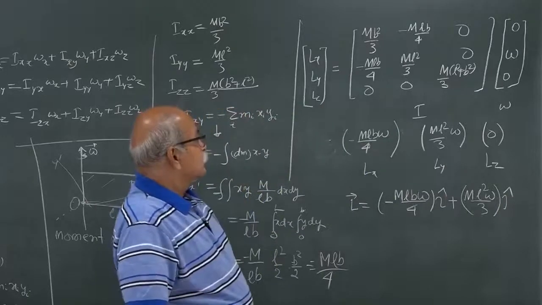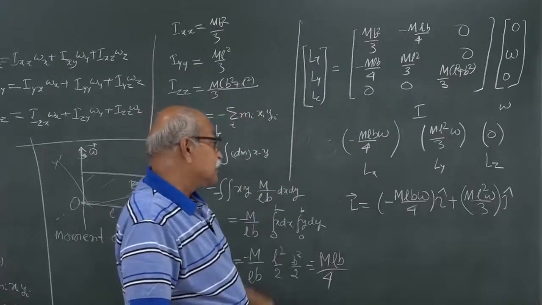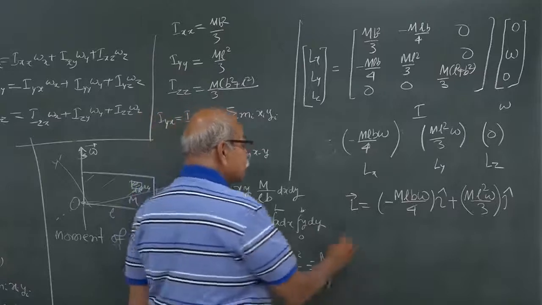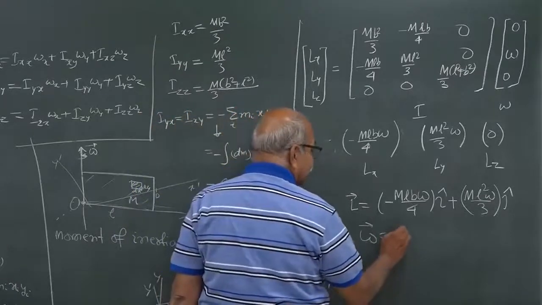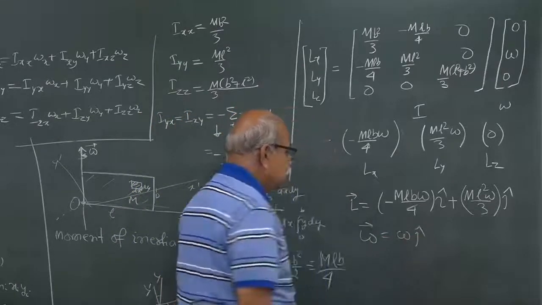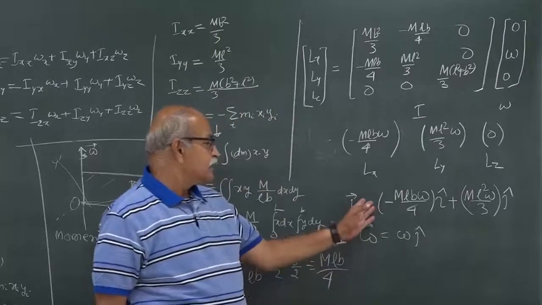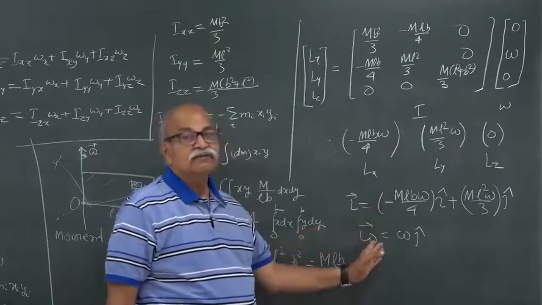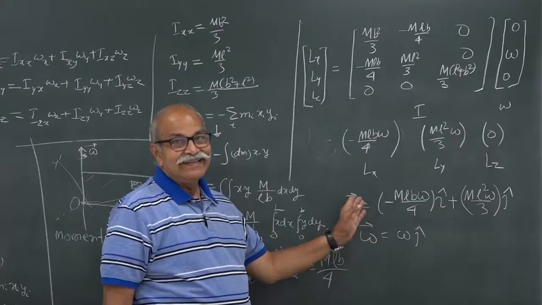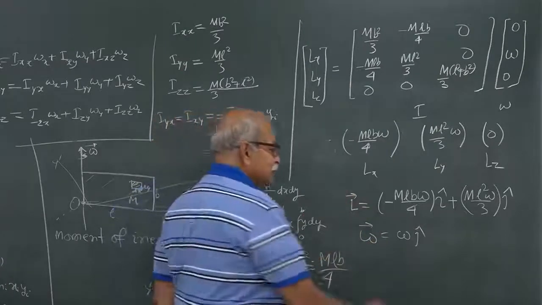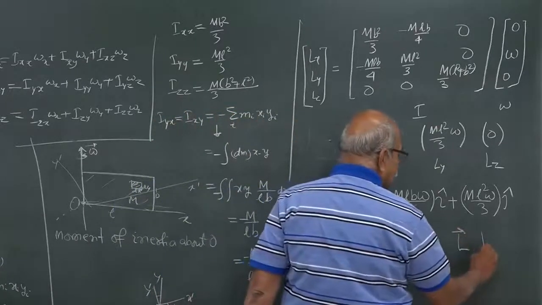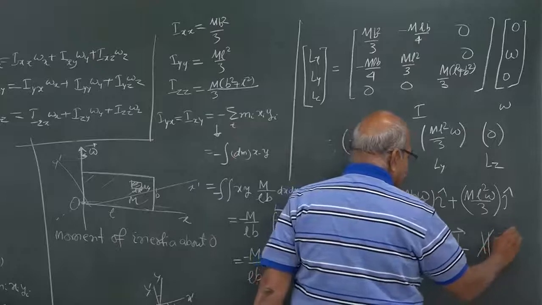This is the L vector. Omega was omega j cap. You can see that L is not parallel to omega.